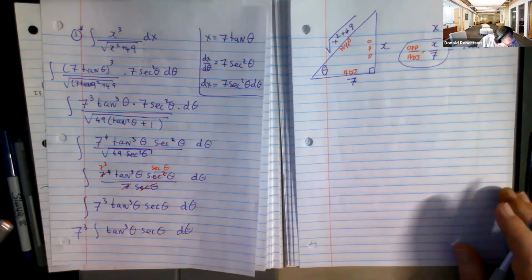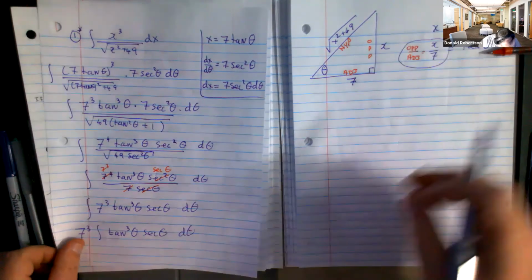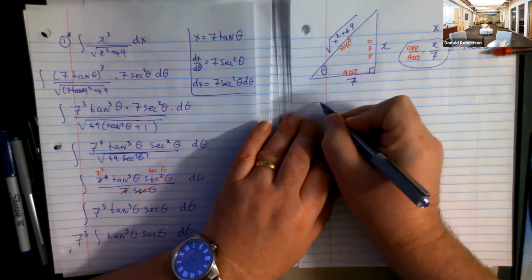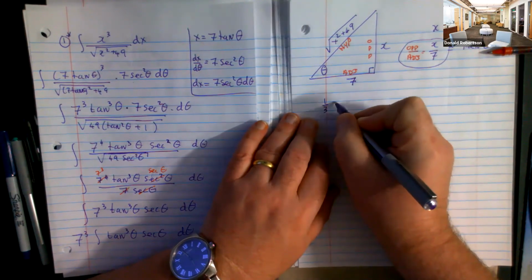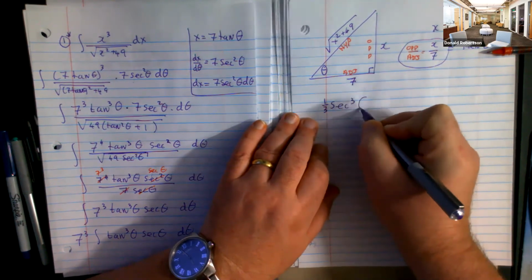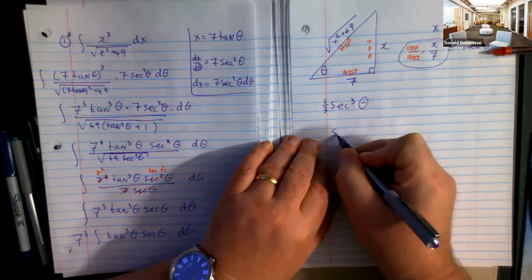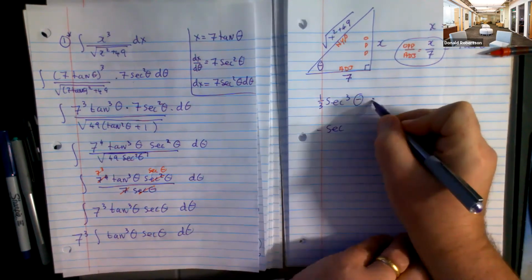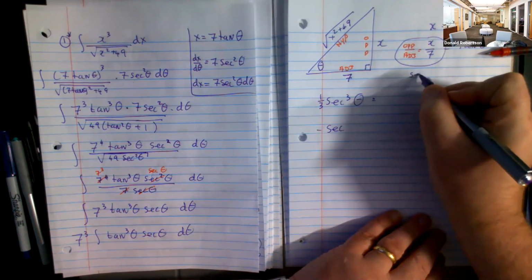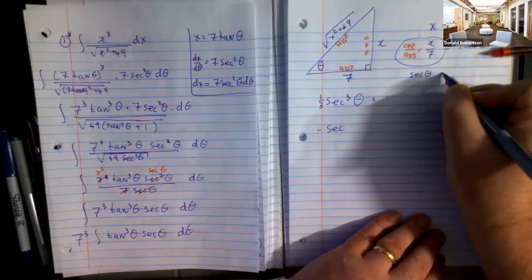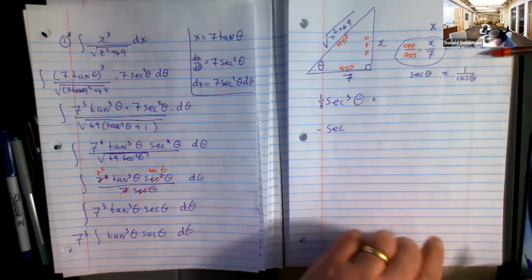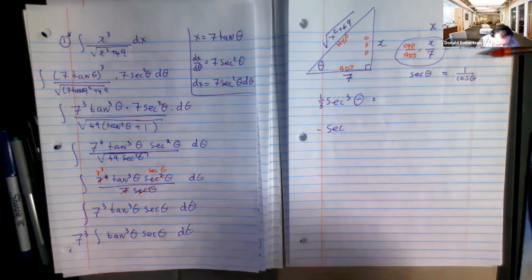Now, the guys that we are trying to get the answers to, if I can find them, was 1/3 secant cubed and just a secant on its own with a minus, right? Secant theta is really the same as 1 over cosine theta. So I'm just going to find out what the cosine is and then turn it upside down.